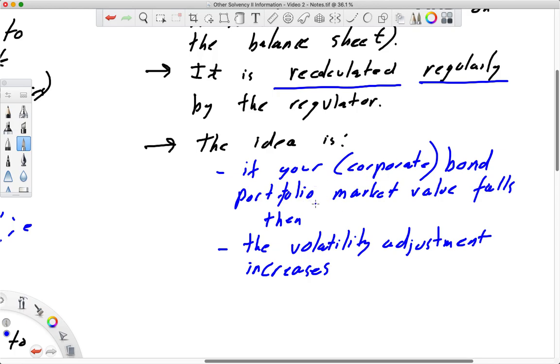If bond values change, then the regulator will change the amount of the volatility adjustment. If the prices fall, the volatility adjustment will be increased.